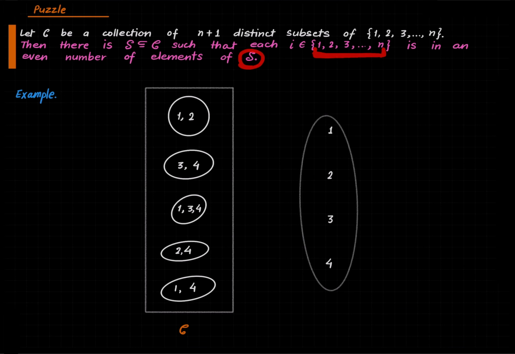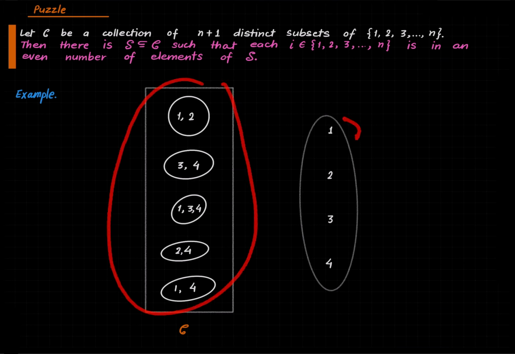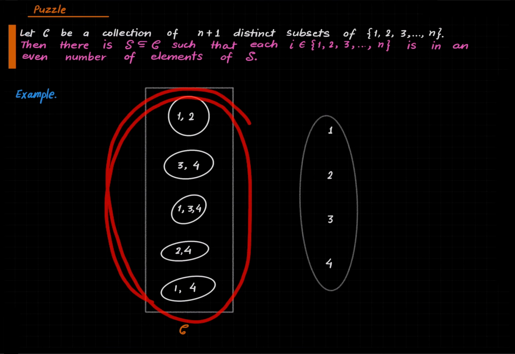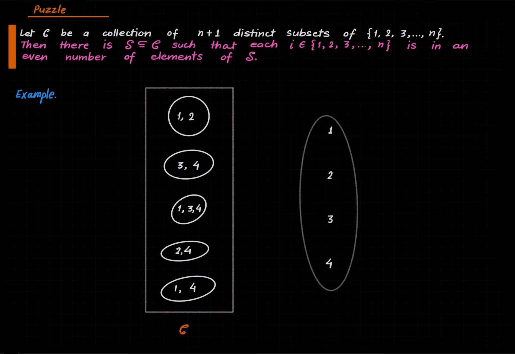So the statement is a little complicated, but if you think about it, you will understand what it is trying to say. Let's see what the statement is saying in this particular example. Here I have this sub-collection and it satisfies the hypothesis of the statement. Can we find a subfamily of script C which has the property that everything here is contained in an even number of elements of the subfamily?